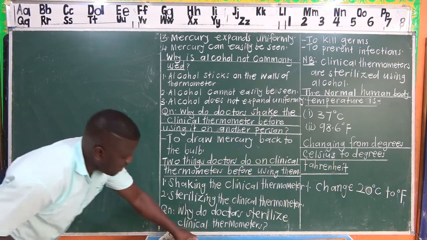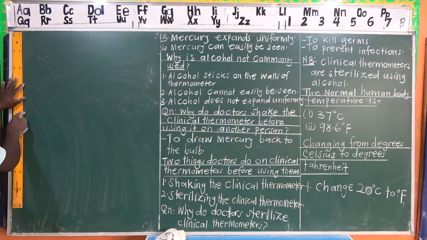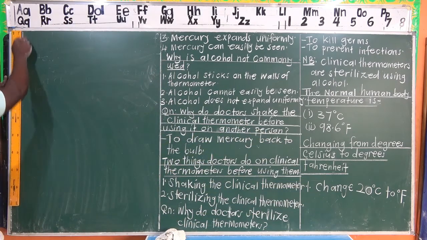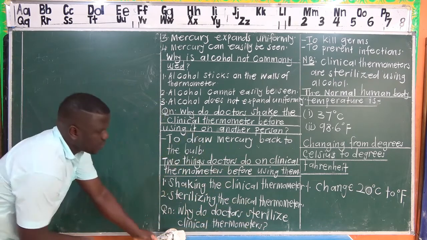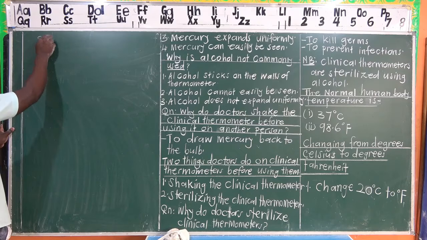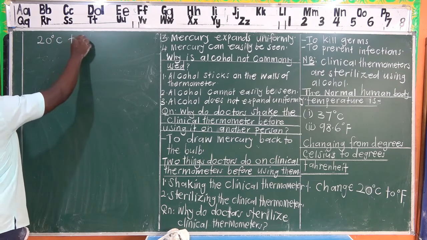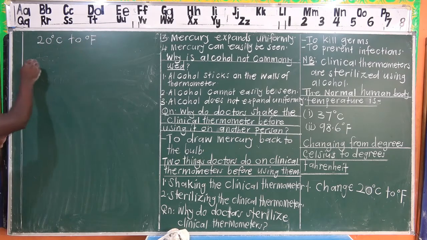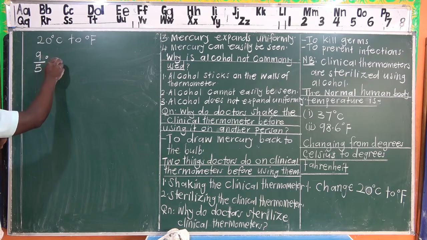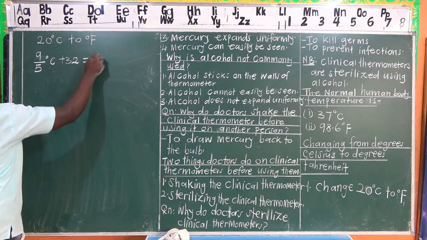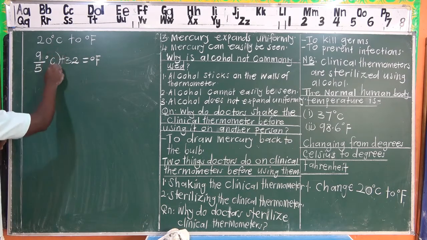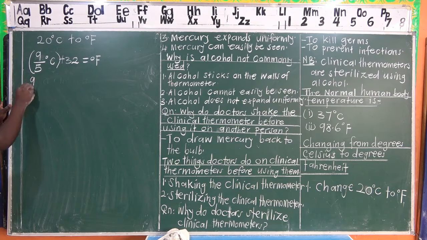We use 9 out of 5 degrees Celsius plus 32 equals degrees Fahrenheit.